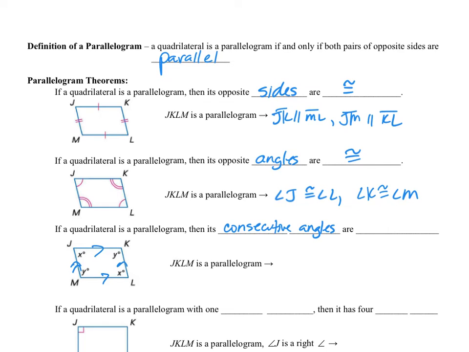Then for example, angles J and M would be consecutive angles. And remember, when parallel lines are cut by a transversal, consecutive angles, at that point we called them same side interior angles, weren't congruent, but they were supplementary.